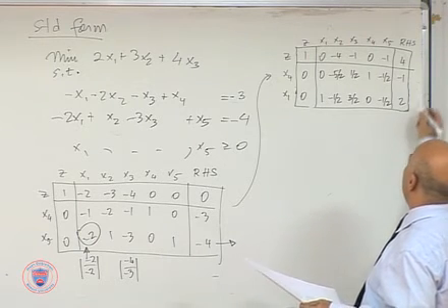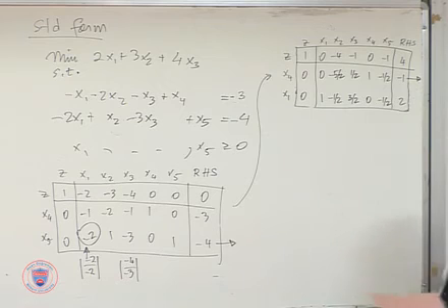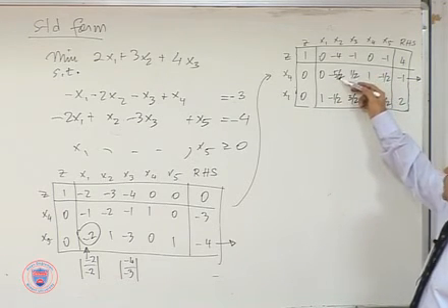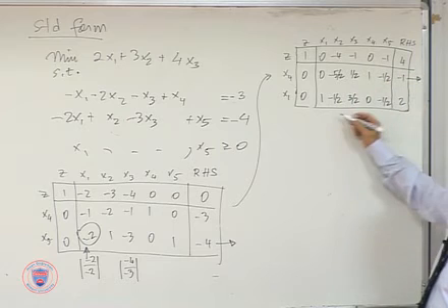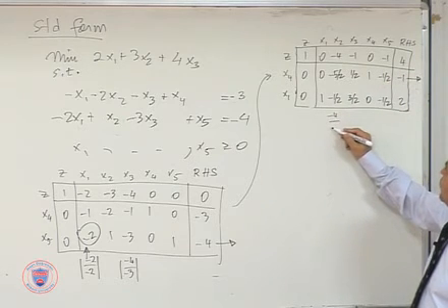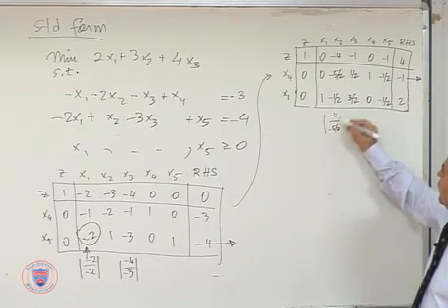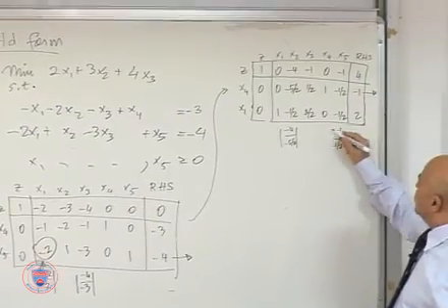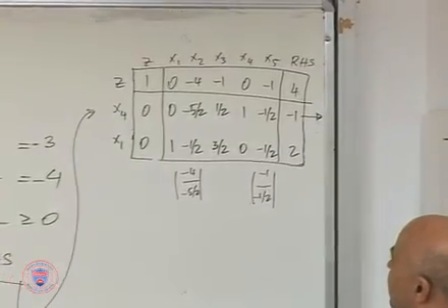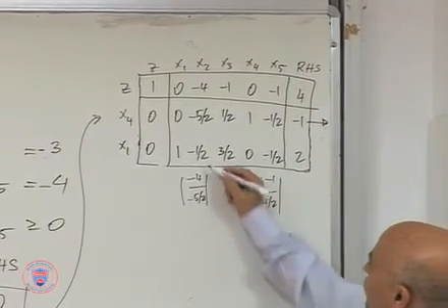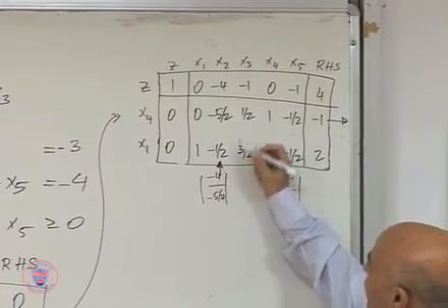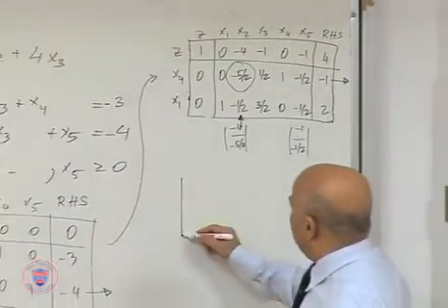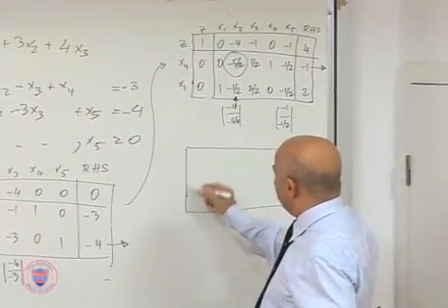All right, so at this point, I still have something to exit here, that negative, and I have two ratios, -4 divided by -5 halves, so let's just write them, -4 over -5/2, and -1 over -1/2. Which one is smallest here? X2 is smaller? Okay. So you pivot on that one. And we have a new solution now.